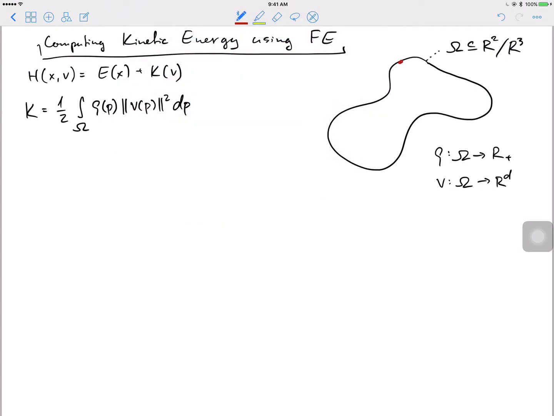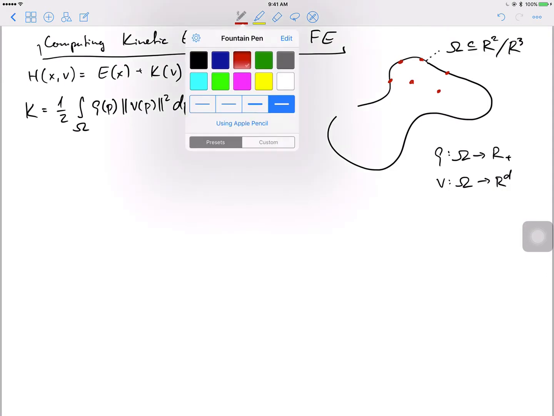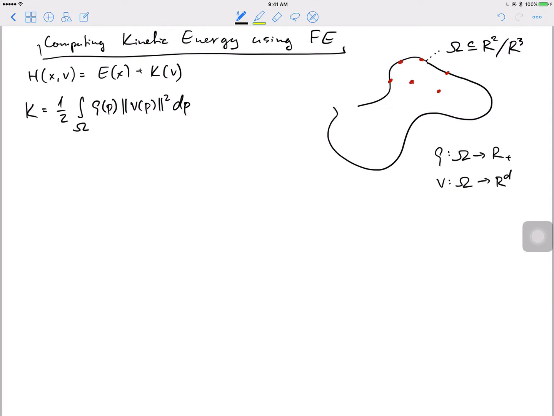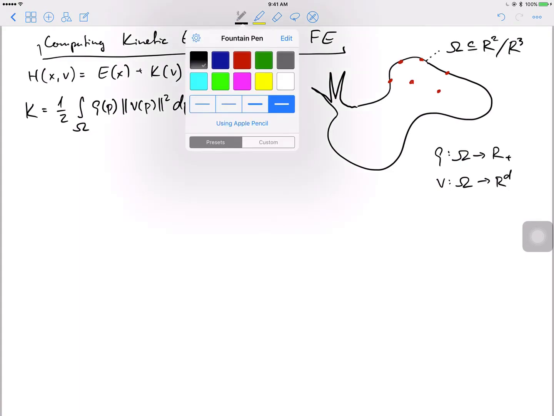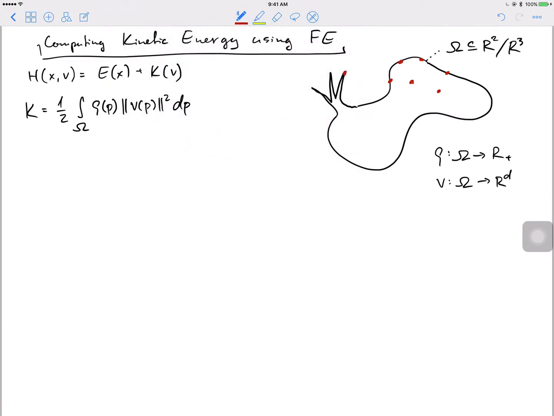So I create some nodes on the boundary, on the interior of the domain. By the way, here is an interesting thing I can explain as I'm drawing this. Your domain can have some smaller features, right? Like maybe this would be a body and this would be a hand or something. And I put nodes everywhere, right? And I connect these nodes with triangles if I am in 2D.